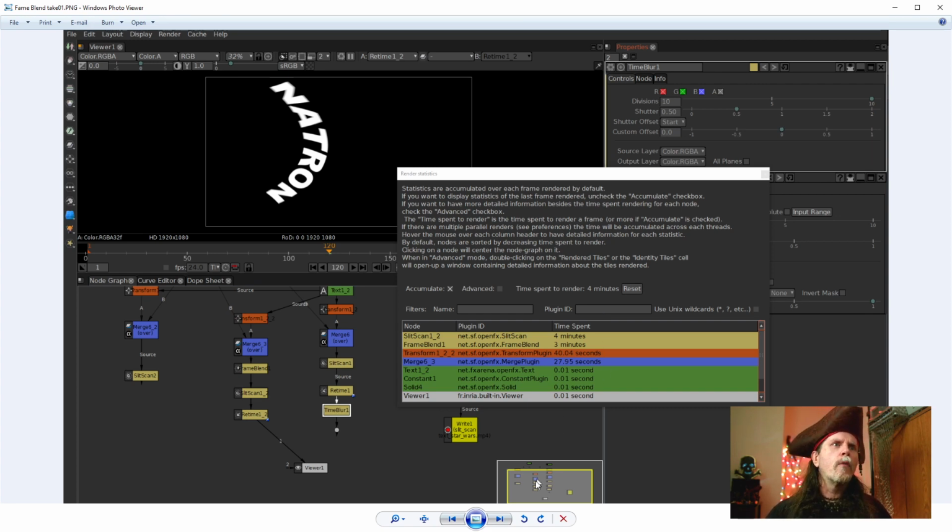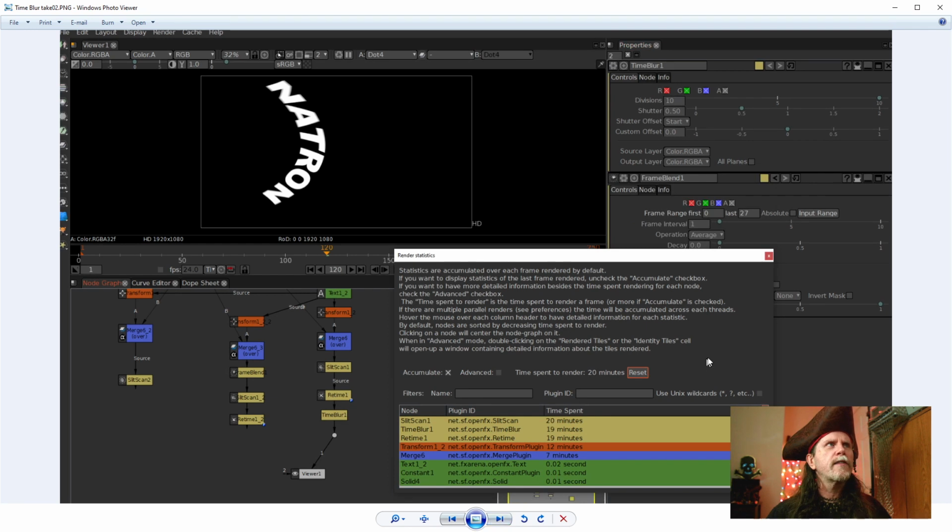We went ahead and redid the test a second time, and now we can see I have the TimeBlur up here, and I have the FrameBlend down here. I'm connected to the FrameBlend again. We see I got the exact same time, 20 minutes, going to the TimeBlur. And we can see that the TimeBlur was set to 10 divisions, and that meant that the motion blur was basically made up of 10 segments of the entire thing.